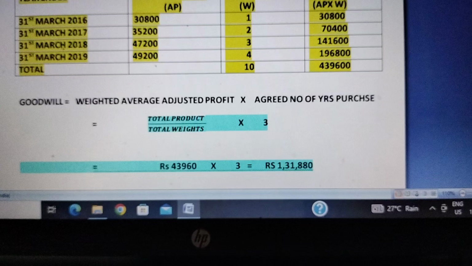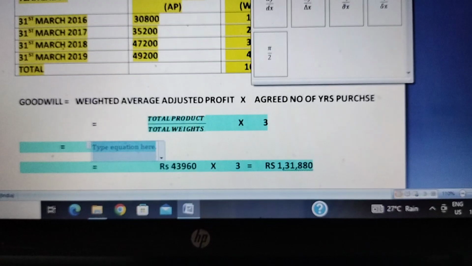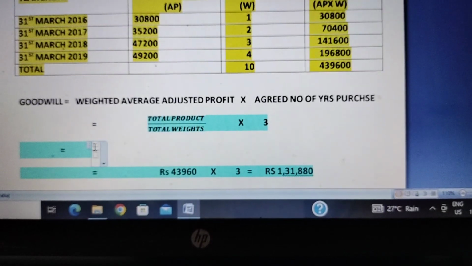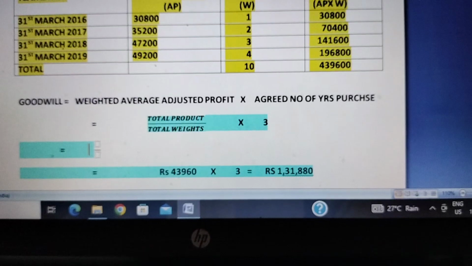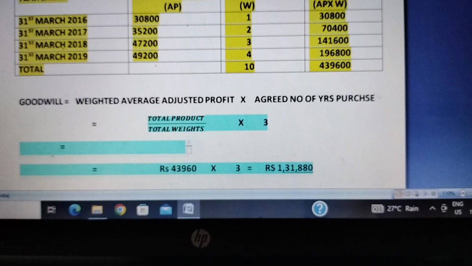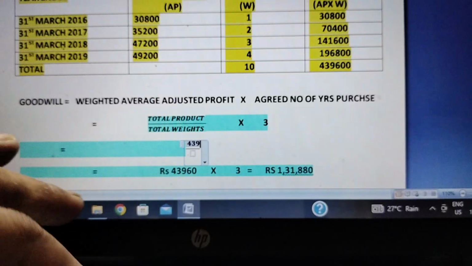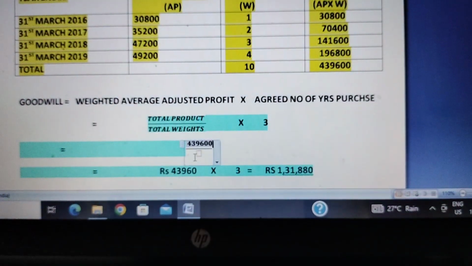Or what you can do, you can make one more column over here. I've jumped one step, so I'm writing it here. So let's insert a column. In total product, you have to write 4,39,600 and your total weight is 10.